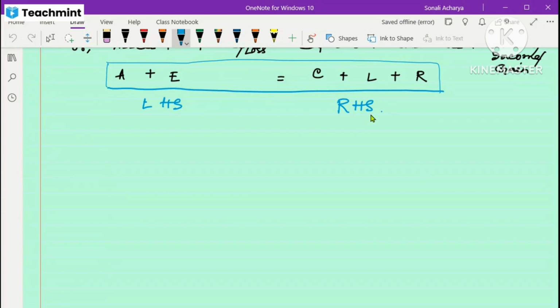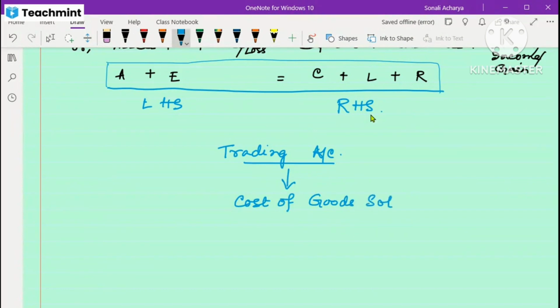Now what do we do in the trading account? In the trading account, we always keep in mind that we have to calculate the cost of goods sold. From there, we calculate the gross profit.